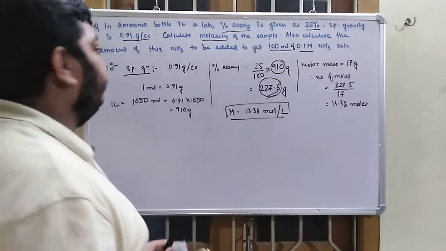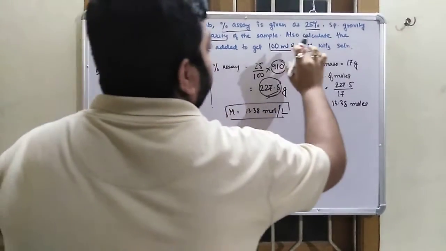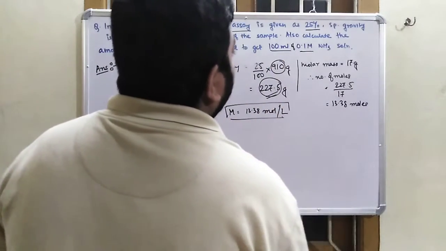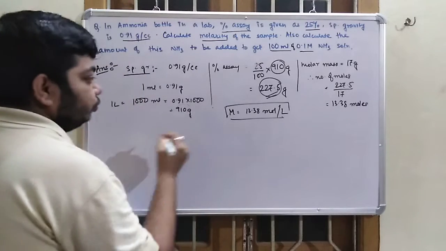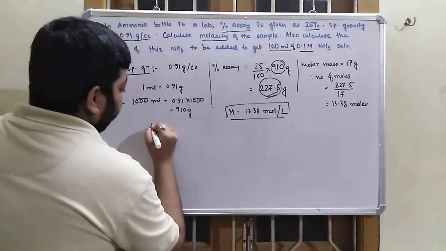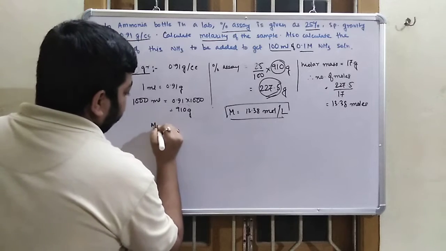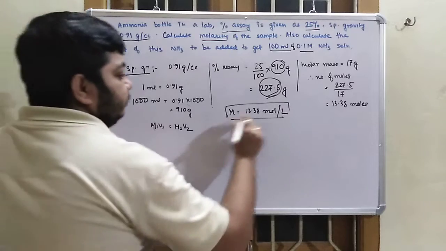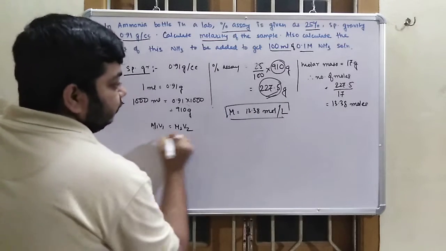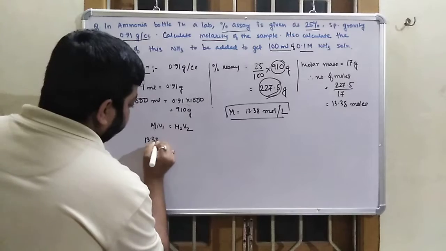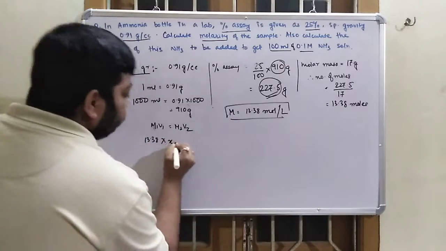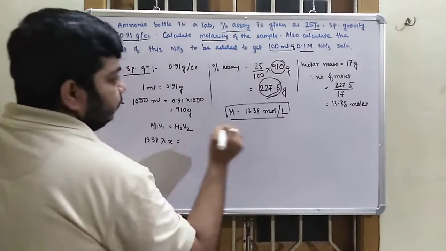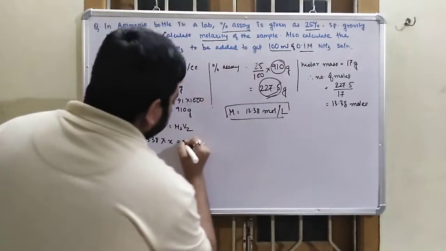And the second part of our question is to calculate the amount of this ammonia to be added to get 100 ml of 0.1 molar NH3 solution. Now you see, we will use the M1 V1 equals M2 V2 equation. So here M1 is 13.38 into volume, which is unknown because we need to calculate the volume. And what is our resulting solution?